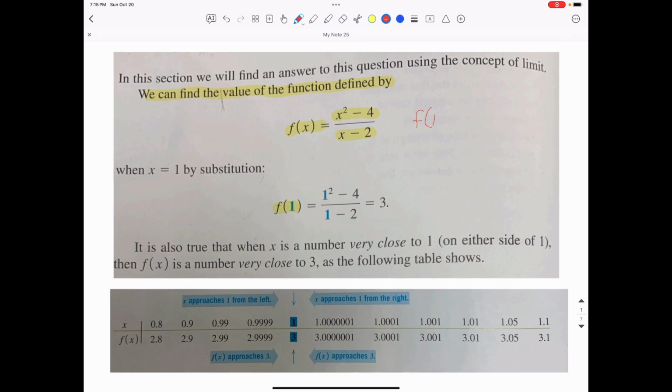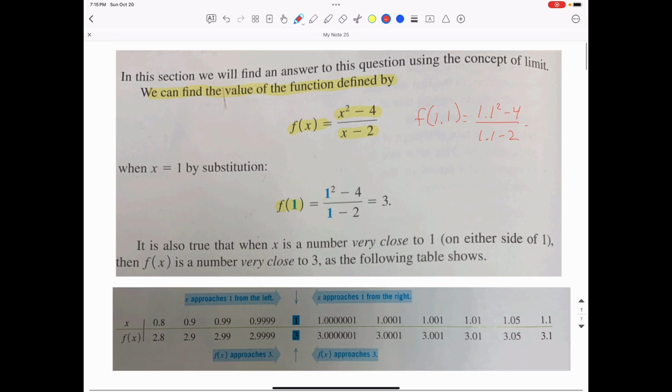So if you do f of 1.1, you would have 1.1 squared minus 4 over 1.1 minus 2. And by doing the basic math on that, you get an answer of 3.1. So as we would expect, when we plug in a number close to 1 that's a little bit higher, we get an answer that's a little bit higher than the answer we got for f of 1.